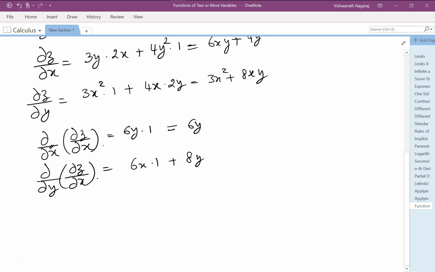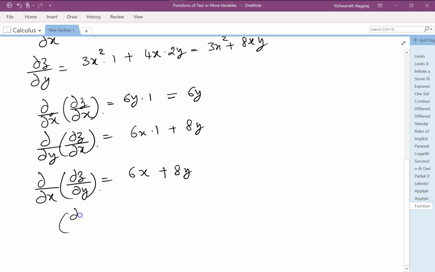Now dou z by dou y we have already differentiated. Now we can differentiate it with respect to x. So what do we get? 3x squared gives 6x, plus 8y. And dou z by dou y we can differentiate with respect to y.